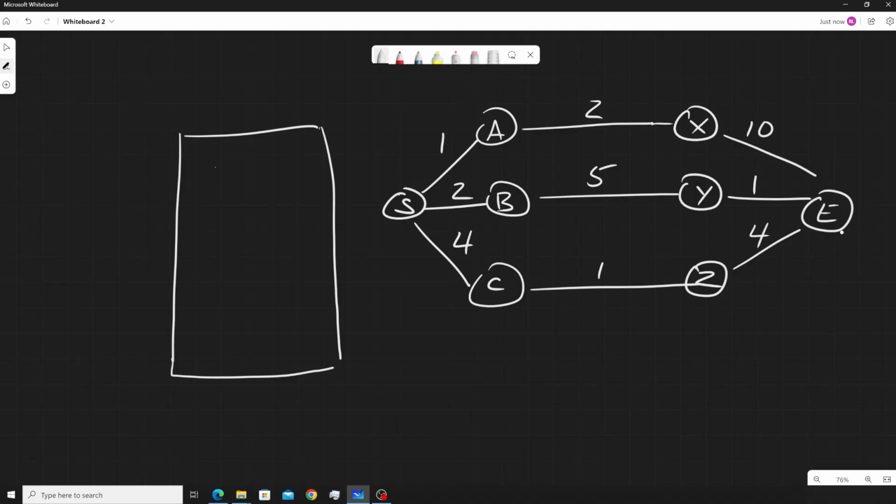Typically how this goes, first we put inside of the priority queue S and the total cost that we have so far. In this case, it would be S and 0 because we haven't moved at all. At each step, we do something called relaxation.